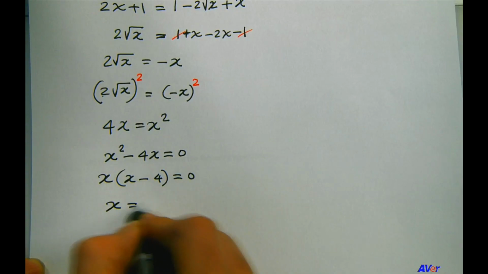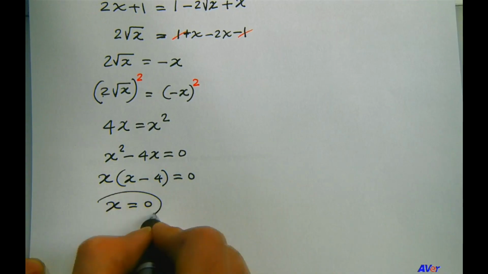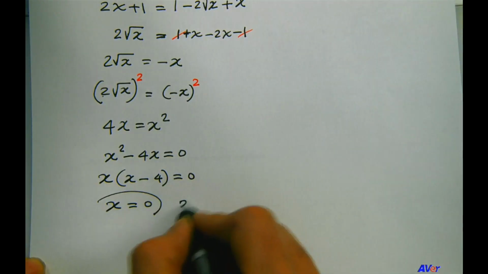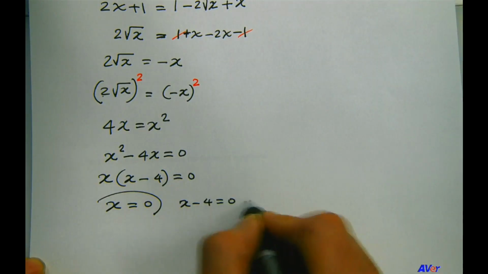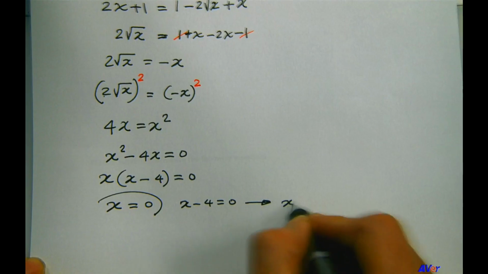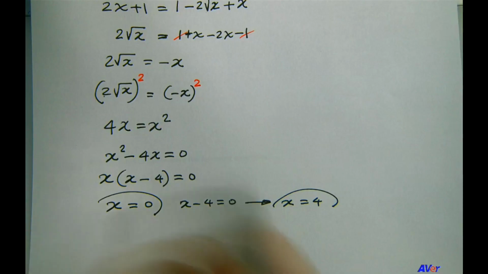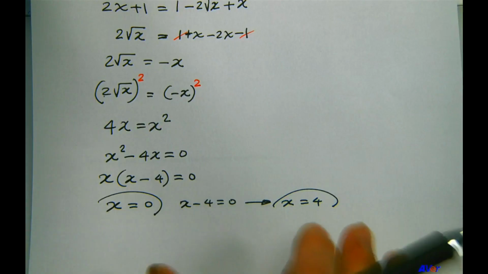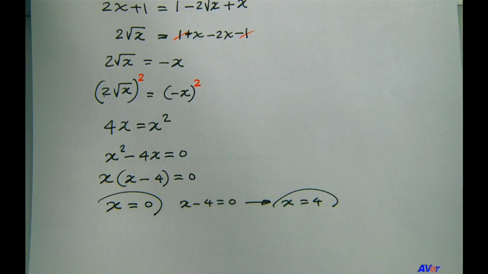Then x equals 0. That's one solution. And x minus 4 equals 0. Therefore, x equals 4. That's a second solution. We cannot accept these two right away. We have to check them. Okay?